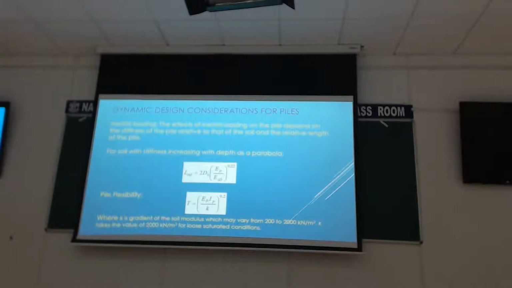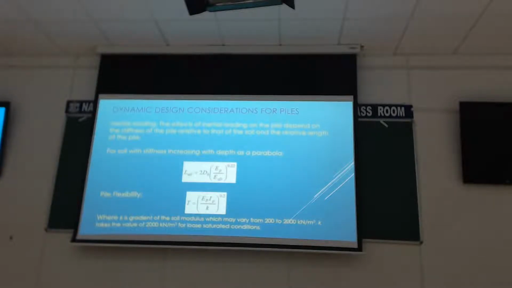So this ratio, E_P, Young's modulus of pile, I have no problem. In a way, I don't really care. It's the structures guys. You call them up and say, what's the Young's modulus of concrete or steel? They'll tell you. That's fine. It's not our problem. So E_P I'm happy with. E_S, Young's modulus of soil, there are two things wrong with this. One is, first of all, it's Young's modulus, which we cannot measure properly anyhow.